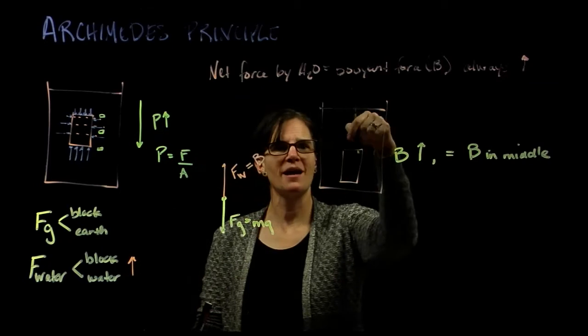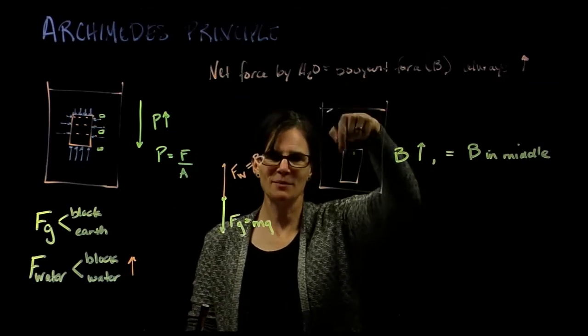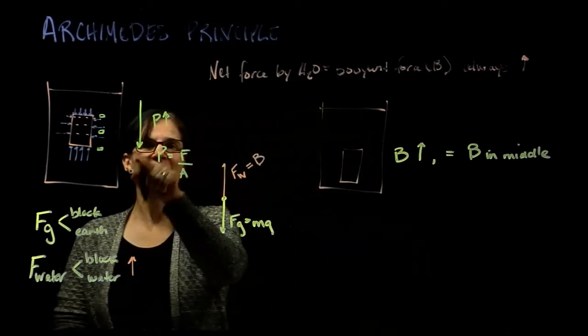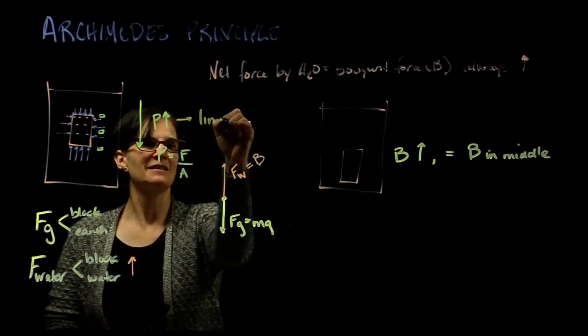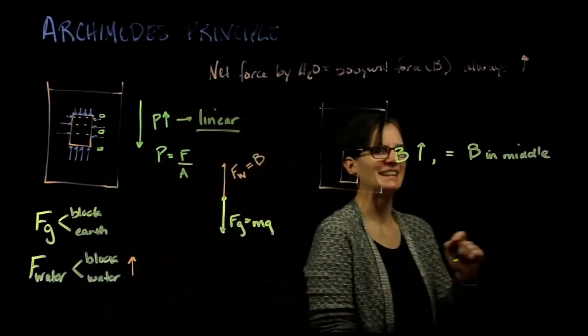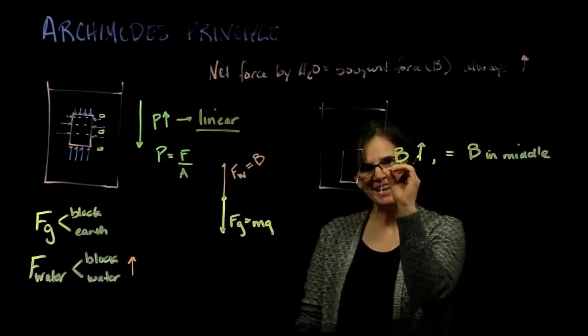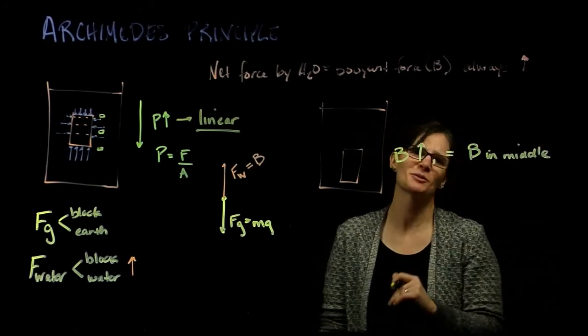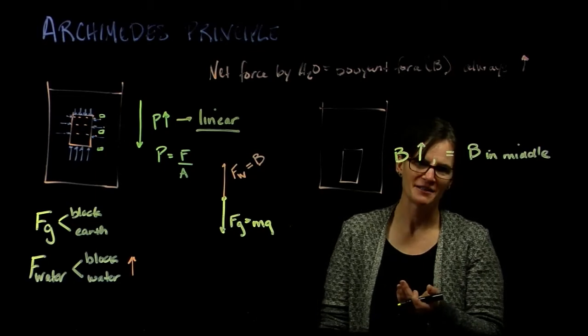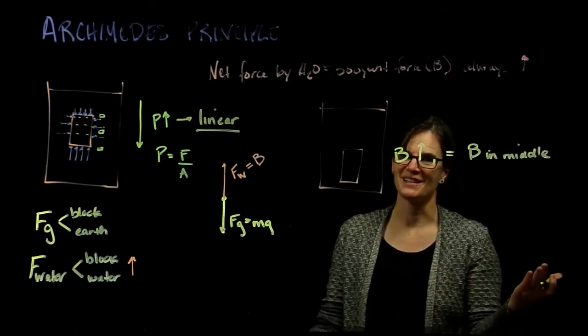Because even though my forces along the top are bigger, my forces along the bottom are bigger. And we said that the pressure increases linearly. So for every change in pressure I get at the top, I get an equal change in pressure at the bottom on that exact same object. And therefore my buoyant force doesn't change.